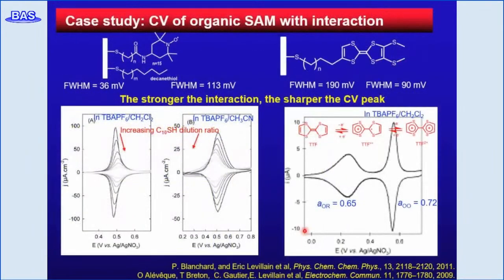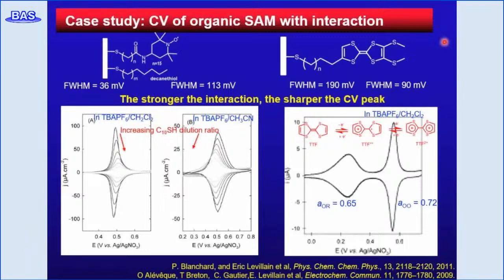In the previous slide, Laviron theory predicts the CV peak will be steeper in the presence of intermolecular interactions. I will show you two examples of SAM films of redox-active organic molecules.